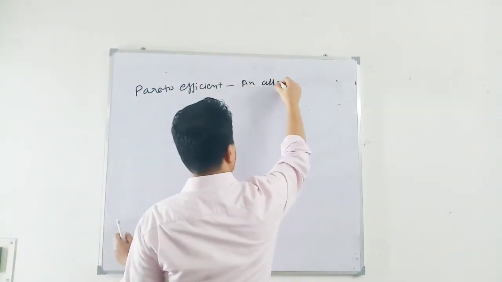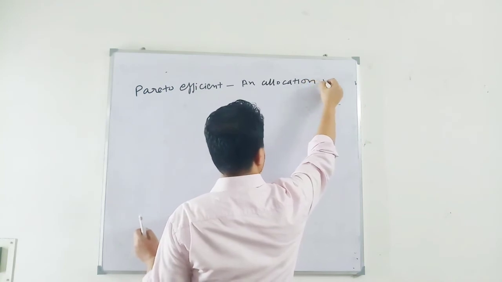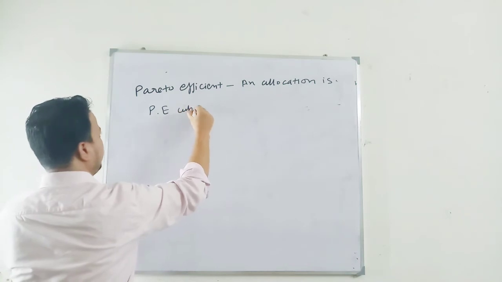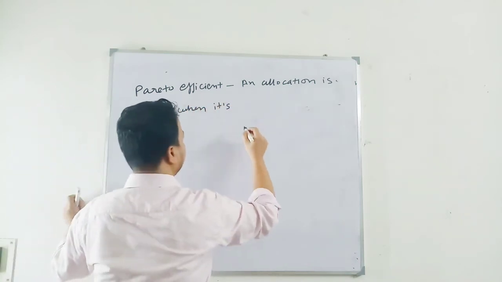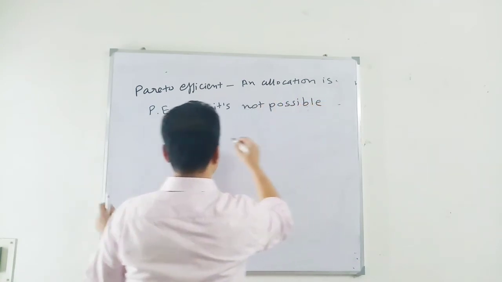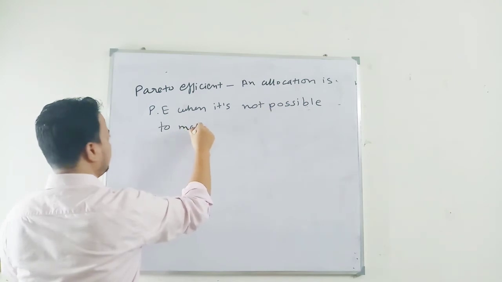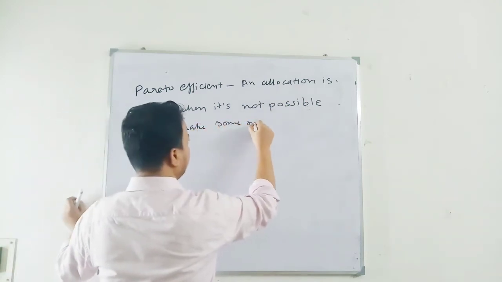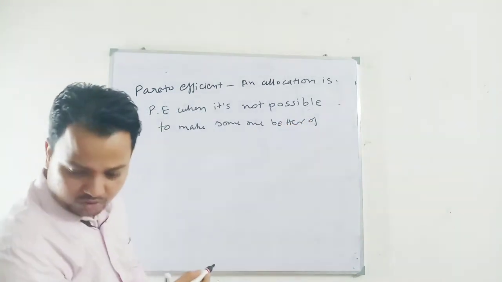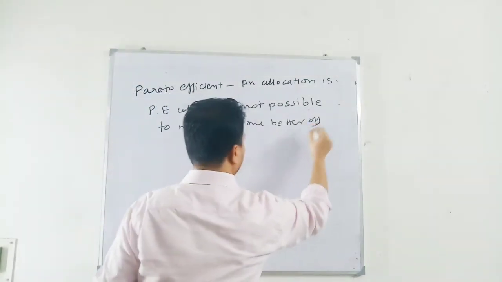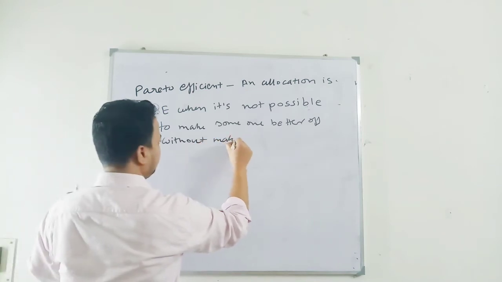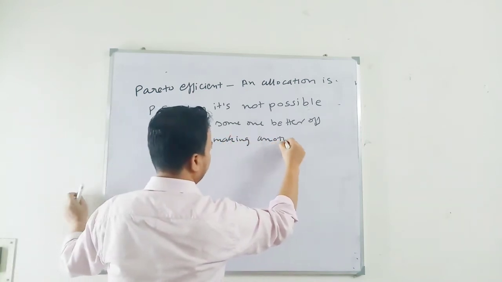An allocation is Pareto efficient when it is not possible to make someone better off without making another worse off.